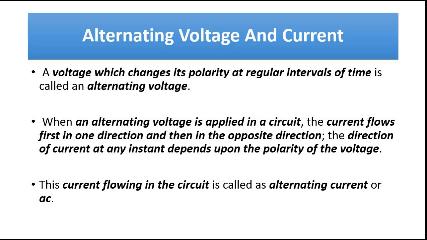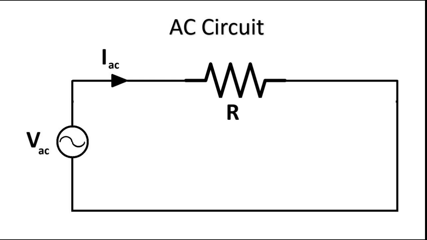The magnitude continuously changes with time, while the direction reverses periodically. The polarity of voltage and the direction of current reverse periodically after a fixed interval of time, which is called the time period. Now when an alternating voltage is applied in a circuit, it results in the flow of an alternating current.